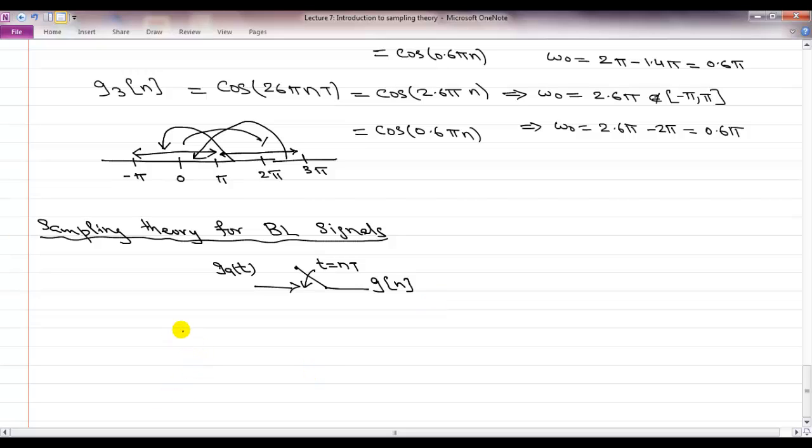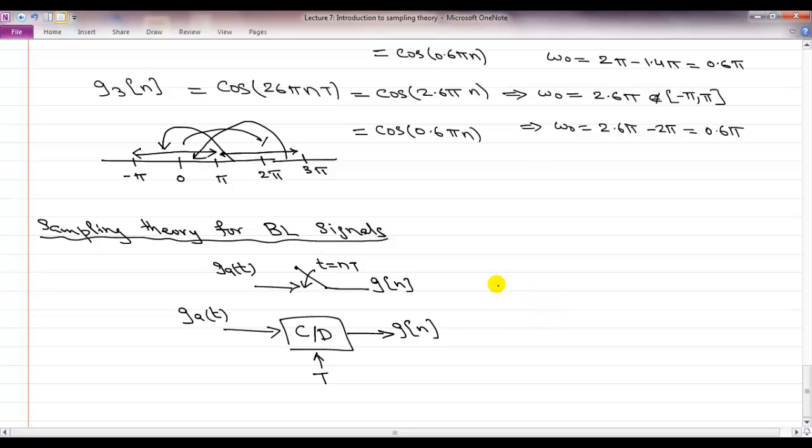Another block diagram that you see is this kind, where you see the word CD, which is continuous to discrete, and there is capital T listed on the block, which means that is the sampling time. So you get g[n].